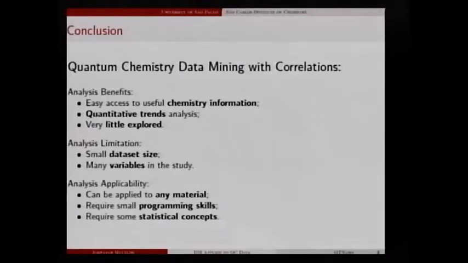You can have quantitative trends, which is very important because sometimes you have two trends that seem to be contradictory, but since they are quantitative, you can compare the magnitude of the trends. This kind of strategy to analyze data is very little explored, so I expect that in the future it will grow. The analysis has some limitations.